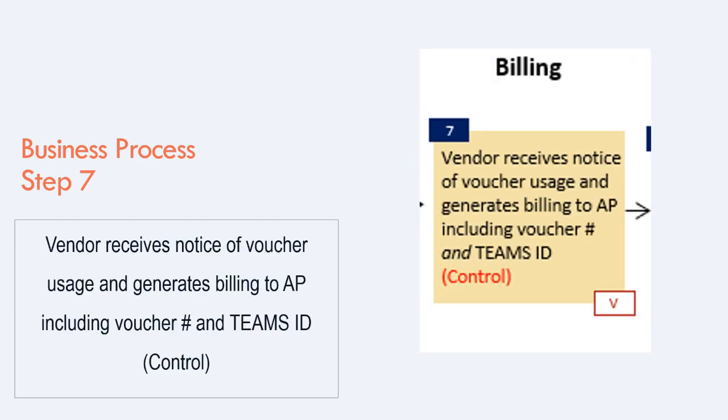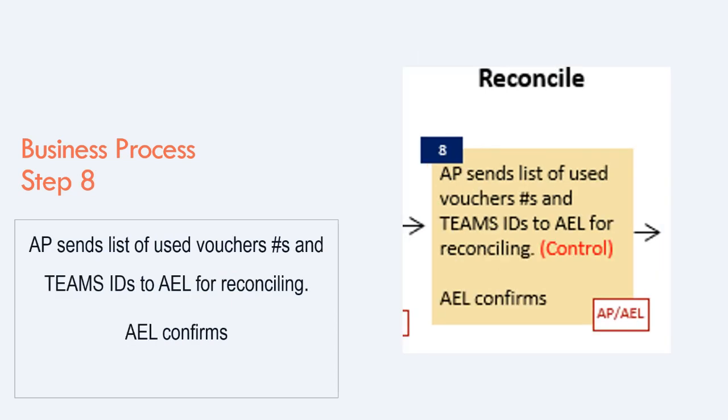Billing, the way this works is the vendor is going to receive notice that the voucher's been used. And then it's going to bill us. It's basically going to send us a giant list of all the vouchers that have come through, and we are going to then pay those vouchers on the back end here at the TWC level.